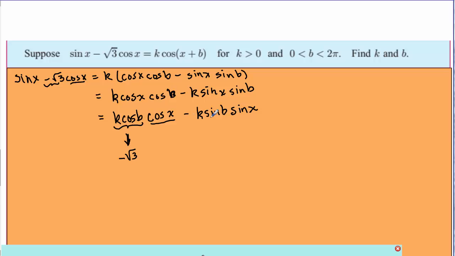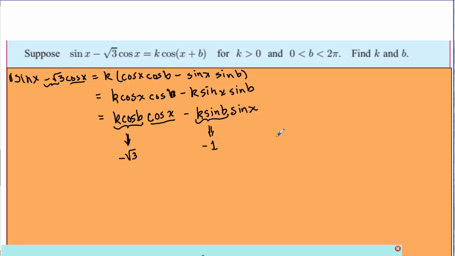We have to have the same amount of sine x and the same amount of cosine x on each side. So we know that k sine b has to be equal to 1, because that's how much sine x we have on this side. Actually it needs to be minus 1 because we have a negative here. So this needs to be minus 1.